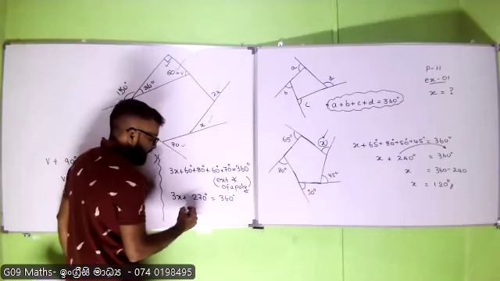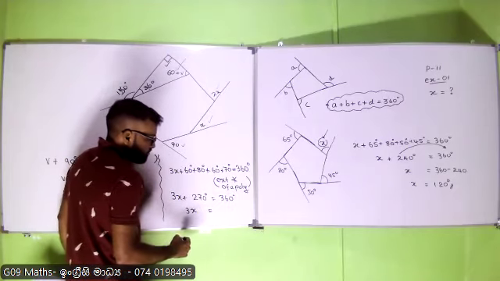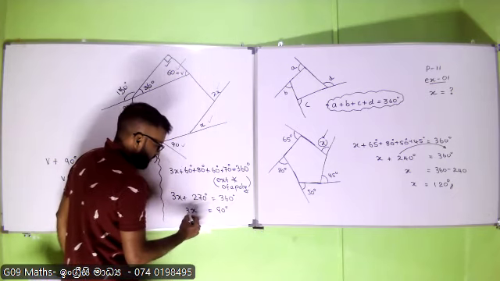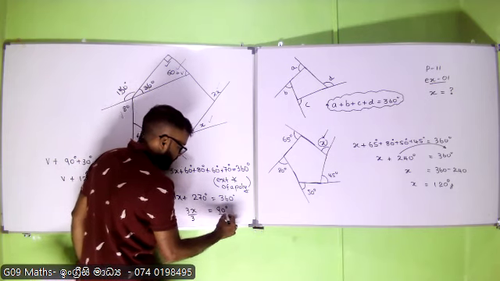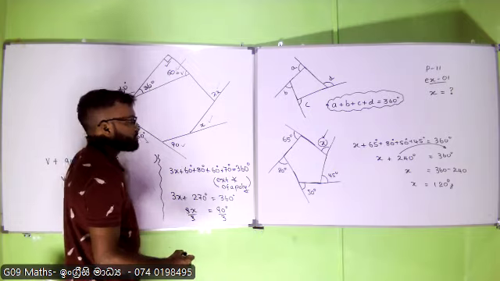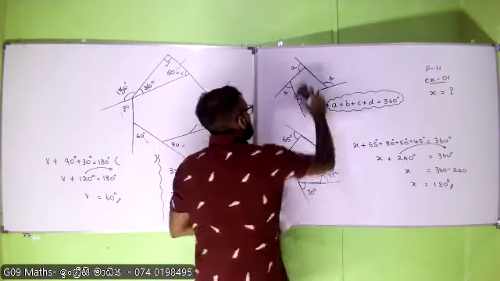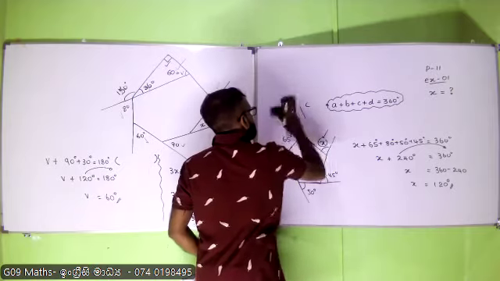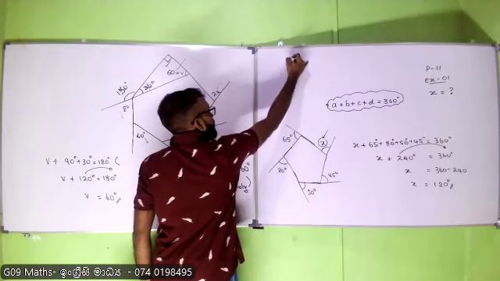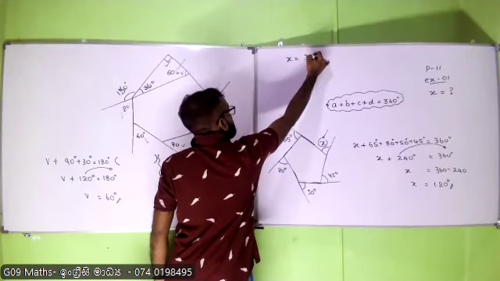Take this to this side, negate. 3x equals 90 degrees. Divide both sides by 3 so that you can get the answer for x. So x equals 90 divided by 3, 30 degrees.